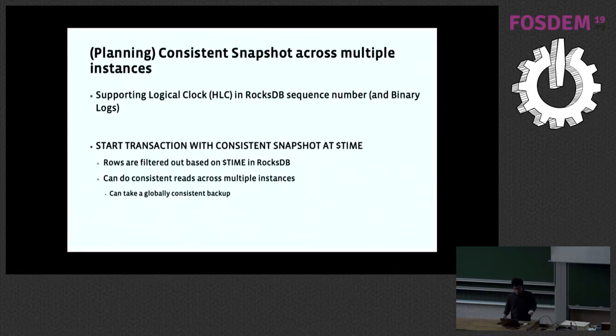Normally we couldn't do that with MySQL, but we are planning to add a global logical clock, like a hybrid logical clock (HLC), in the RocksDB sequence number or the binary logs, then start a transaction with consistent snapshot based on the time. Then we execute that transaction on multiple shards, and the result sets are based on that timestamp.